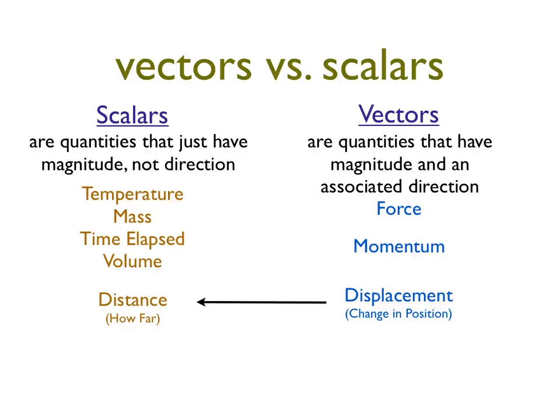So displacement is distance along with the direction that you went, where distance is just a number, how far. And velocity, similarly, is speed, how fast, but also in which direction. Just the speed is a scalar, just the number, how fast.